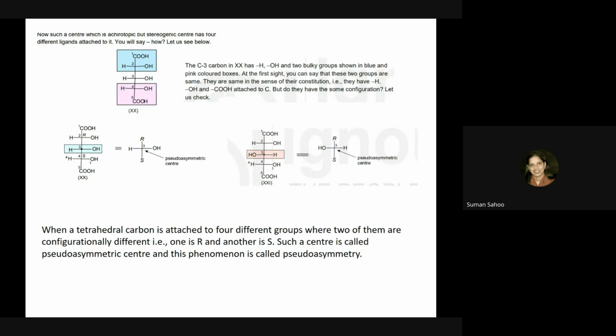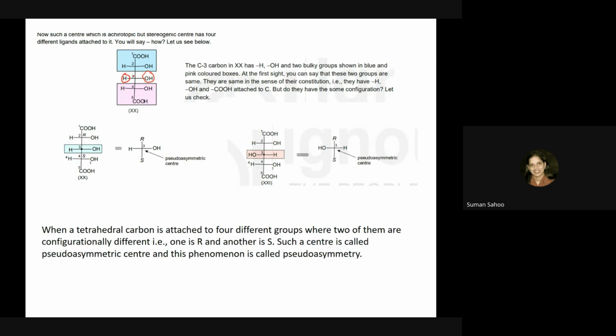Now this carbon number 3 has 4 different ligands attached to it: OH, H, one group on the up and one group on the down. So this C3 carbon has 4 different groups.